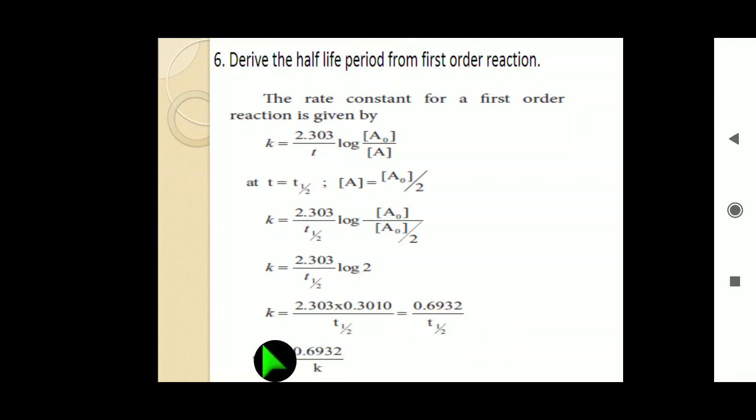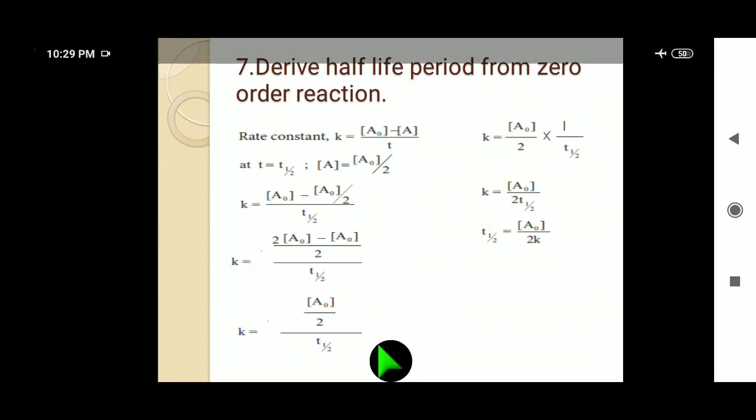So finally for the half-life period, T 1 by 2 will come here and K will go down. So T 1 by 2 equals 0.6932 divided by K. It is a very simple derivation. Next question.